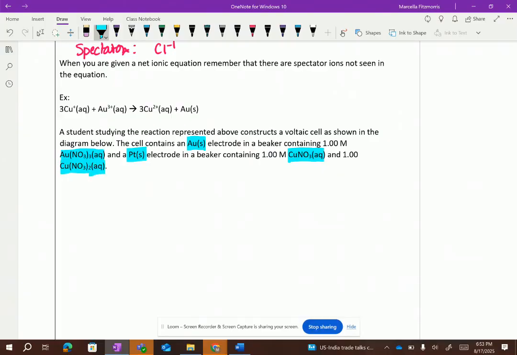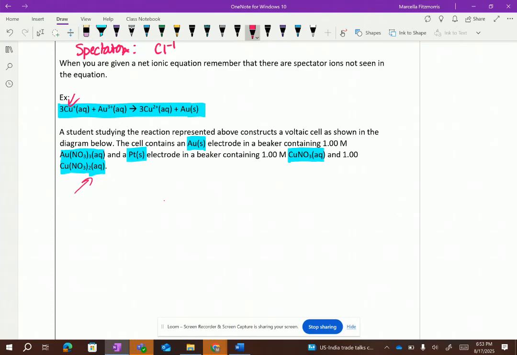Okay? And you're looking at that and you're going, here's the net ionic equation, but if you don't realize it, you're going, I don't see Cu+ in this problem. I see CuNO3, one has 2 behind, one doesn't. I see Au+3 aqueous. I don't see that anywhere. I just see that. And it can be confusing.